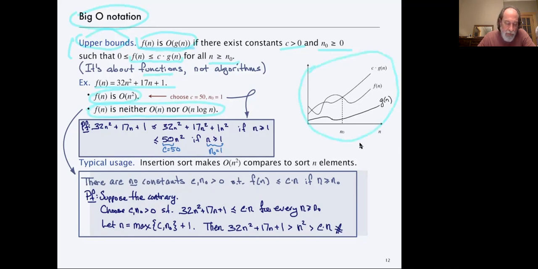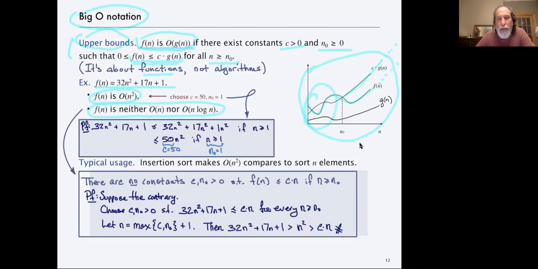The idea is that here's our function f of n, and some constant times g of n is an upper bound. This is g of n. They go off to infinity, and c times g of n is always bigger than f of n, well, we might excuse it for some finite number of small values of n.